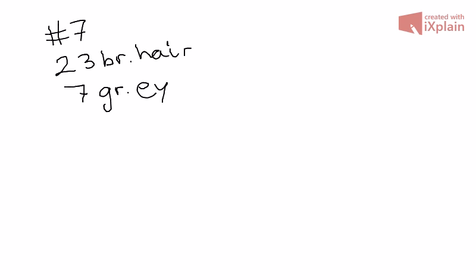For number 7, we have a class of 60 students, and 23 of them have brown hair. We have 7 who have green eyes, so we'll put that down. And then we're going to start using this notation, kind of like set notation.